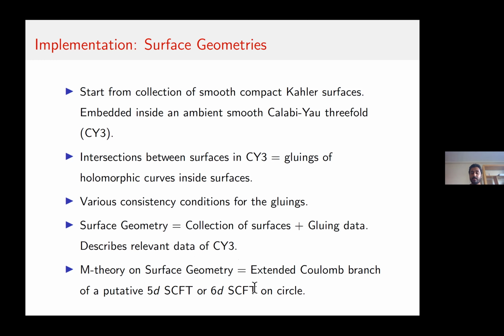Now it should be noted that if I just write down a random collection of surfaces and gluing data, which is consistent, so some random surface geometry, it's not going to be either a 5D SCFT or a 6D SCFT on a circle. It won't have the right contractibility properties to give rise to a conformal point. It's only very special kinds of surface geometries which give rise to 5D and 6D SCFTs.